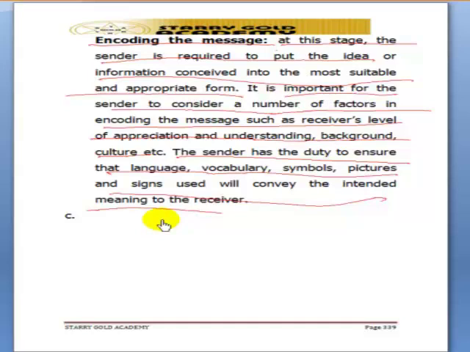When we say encoding, to encode means to put something in a code, or to use a code in order to present something. It's even possible that the idea that one has stumbled upon is fantastic, and almost anybody anywhere can just make use of the idea for whatever purpose, right?